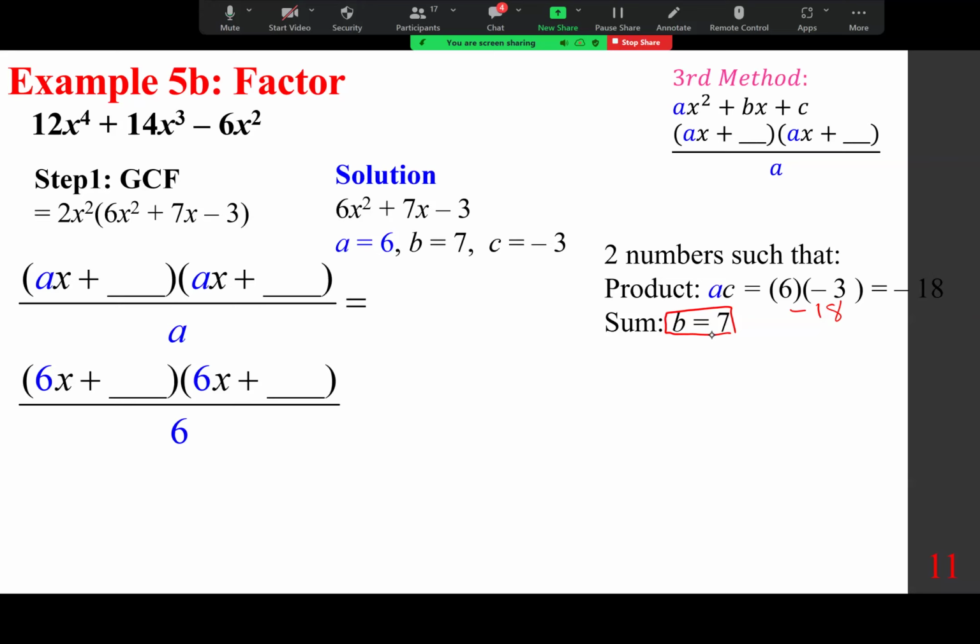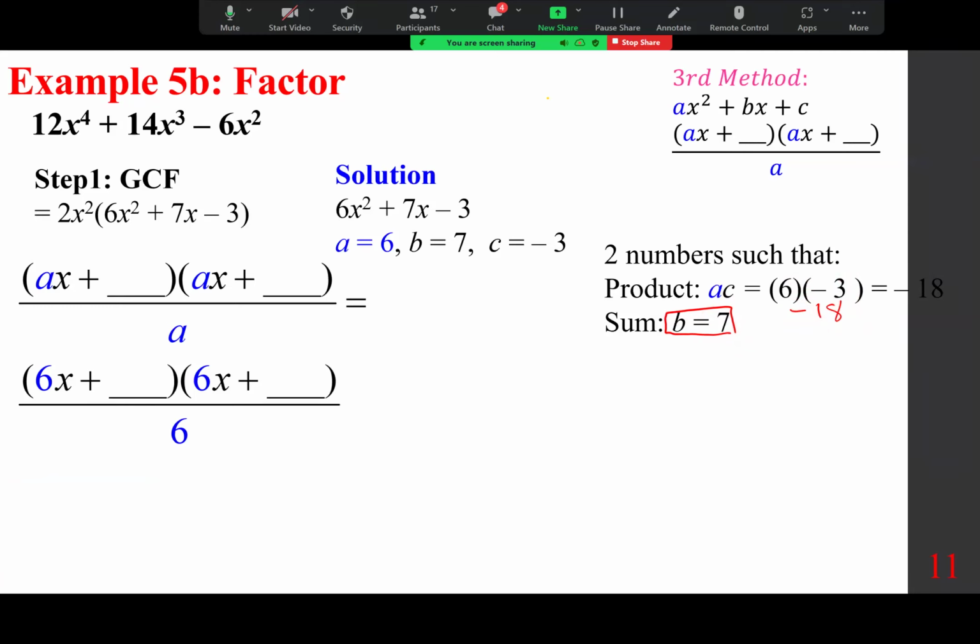What are those two numbers? Anybody? What comes to mind? Two numbers, the product is negative 18, the sum is 7. So just write factors of 18, and one of them must be negative. Let me just quickly show you something. This is important, class.